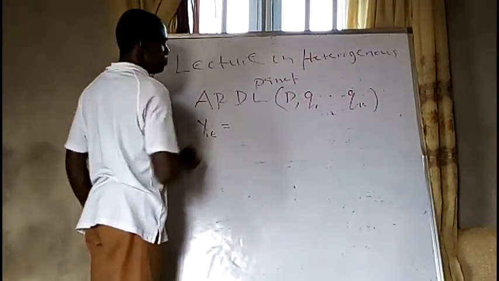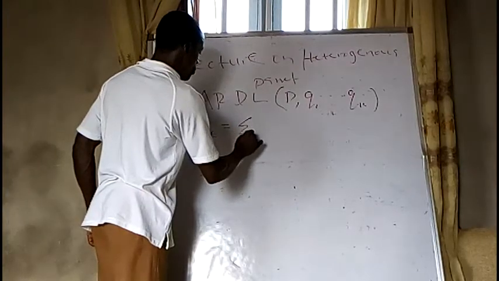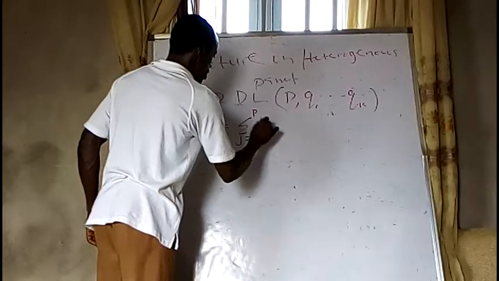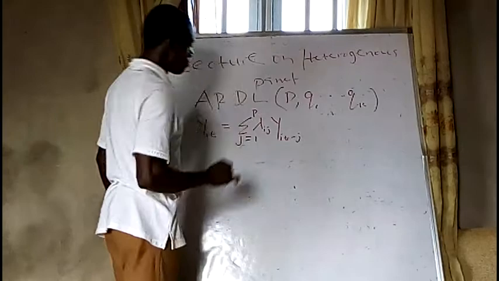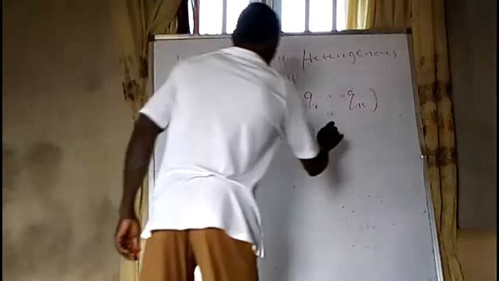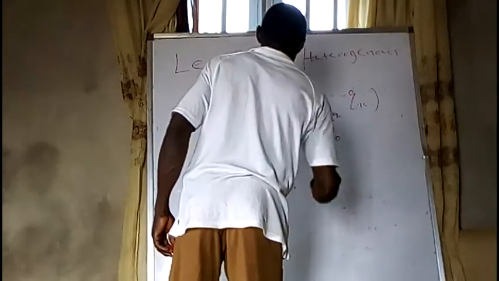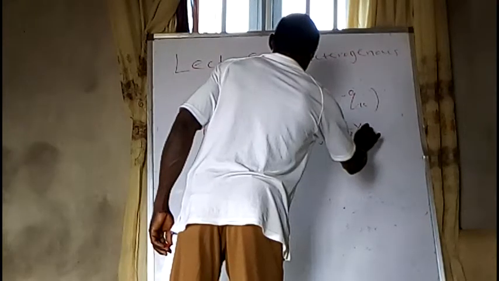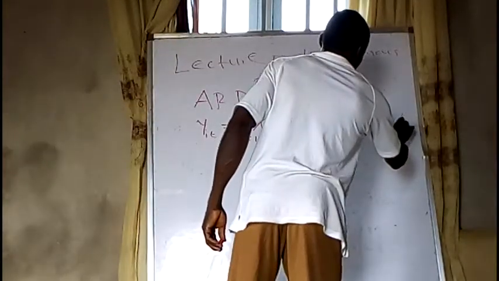Y_it is equal to sigma j, taking value from 1 to P, lambda_ij Y_i,t-j, plus sigma j, taking value from 0 to Q, alpha_ij X_i,t-j, plus e_it.